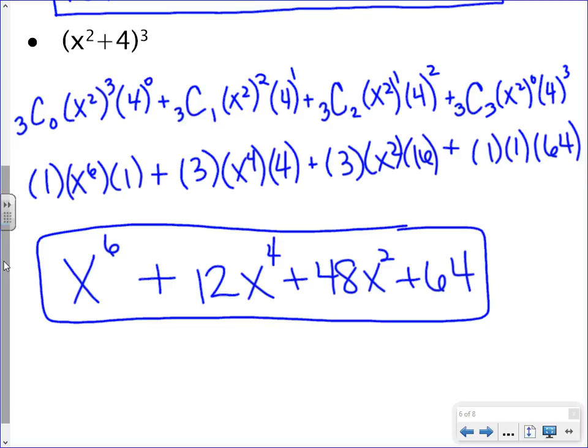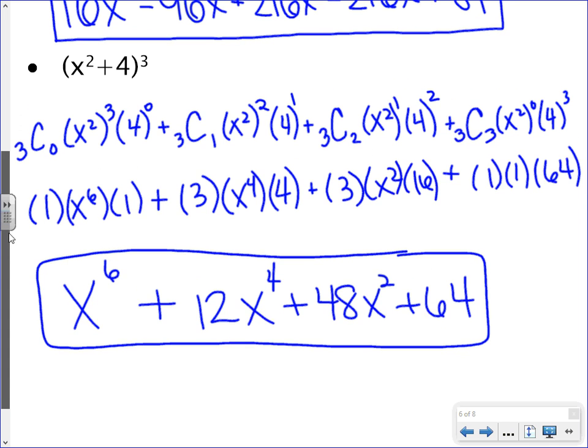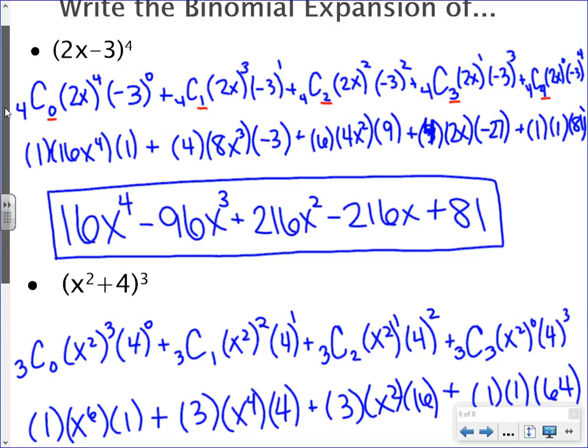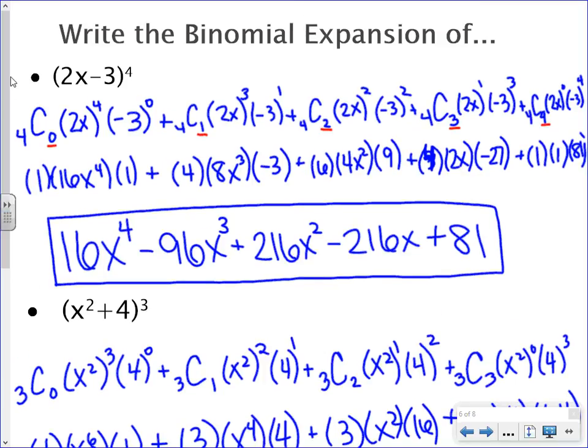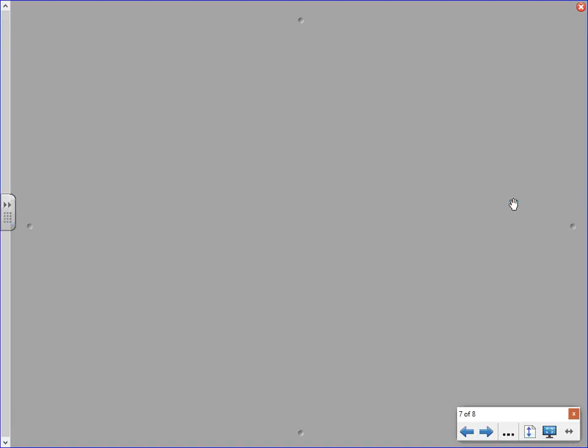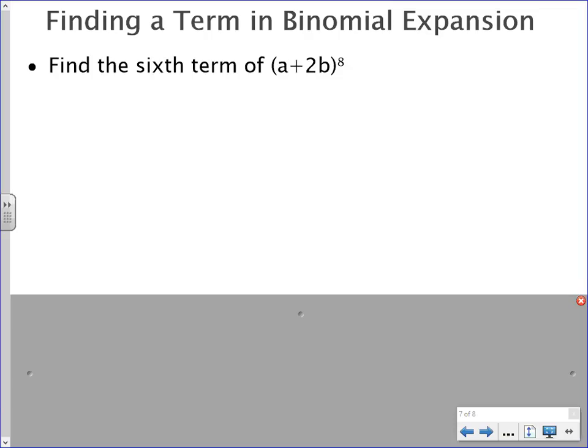And so on and so forth. I am not going to give you anything higher than like a 6 power to multiply all the way out with the binomial theorem. I'm not going to give you like x plus y to the 12th, okay? However, I could ask you for a particular term from a binomial expansion. So go ahead and write this example down.